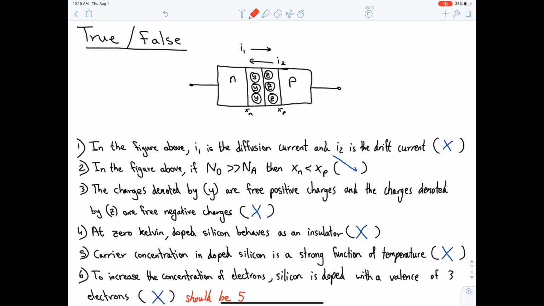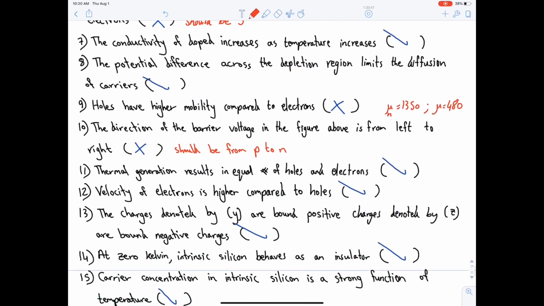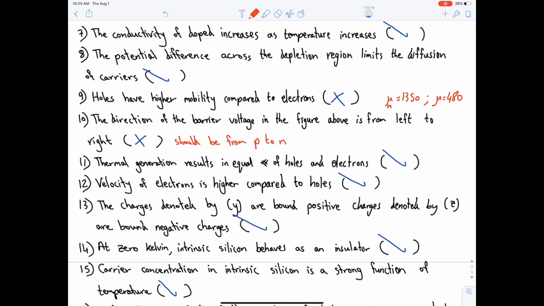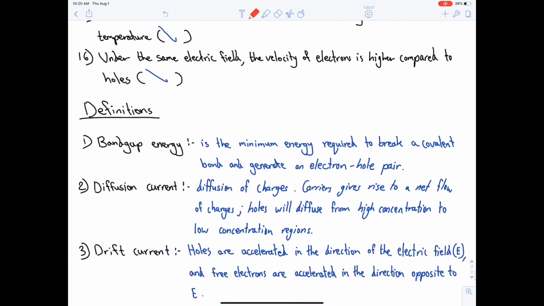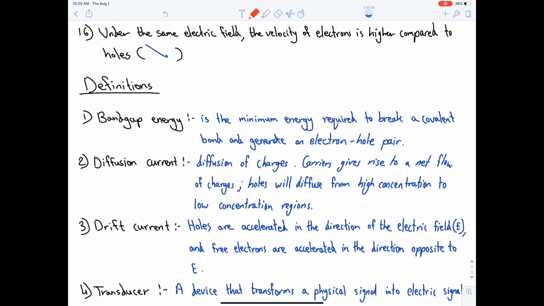Okay, from question 7 to question 15. And then here we have one more true false question and some definitions. Screenshot.